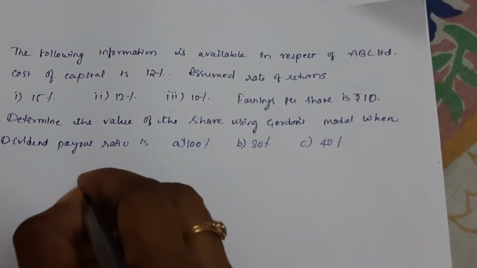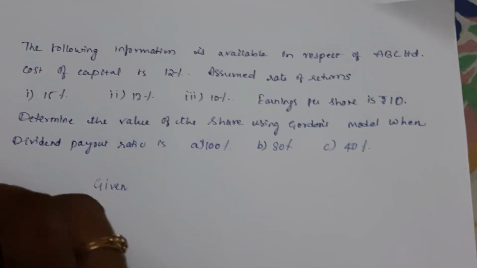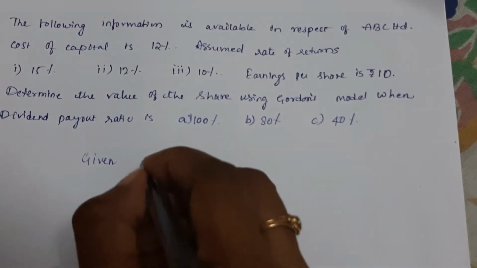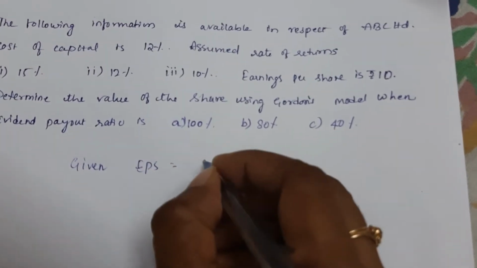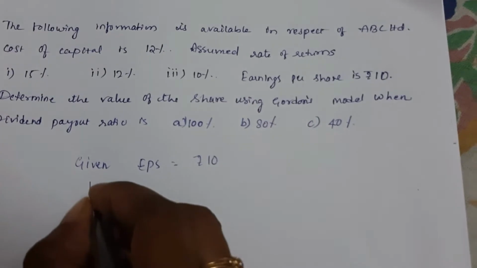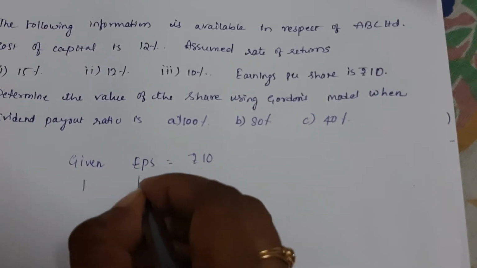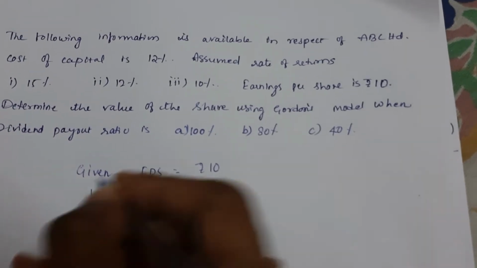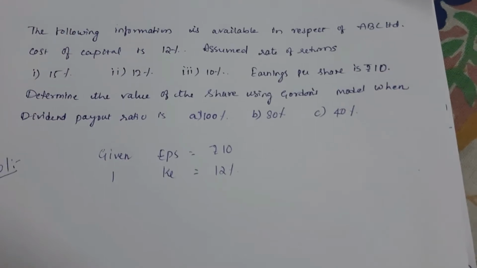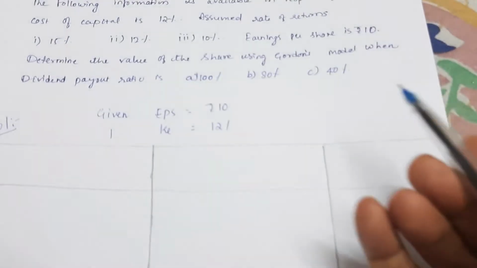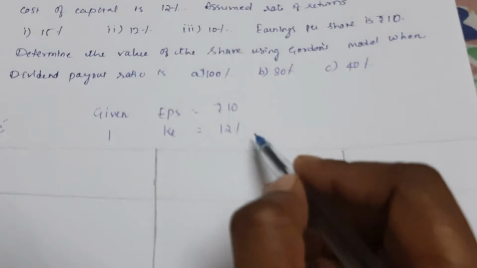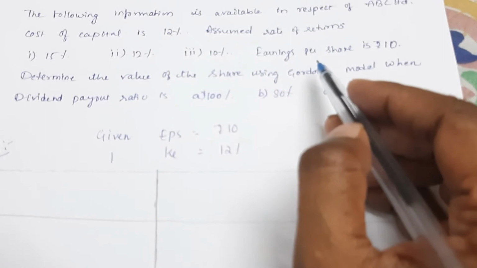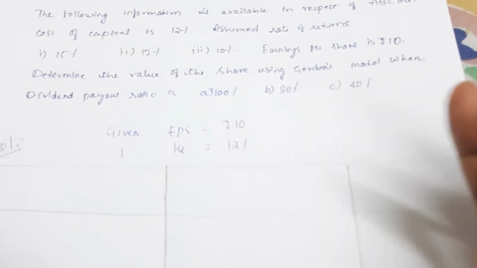Here it is given that EPS, that is earnings per share, is rupees 10, and cost of capital is 12%. Based upon the cost of equity, that is 12%, and the assumed rates of return, we can categorize the firms in three ways.